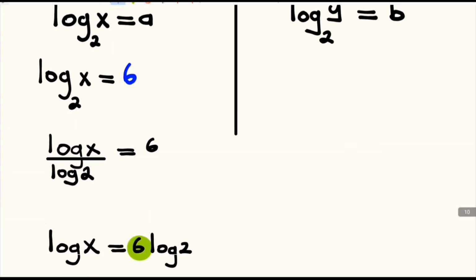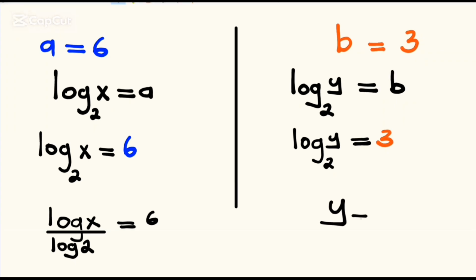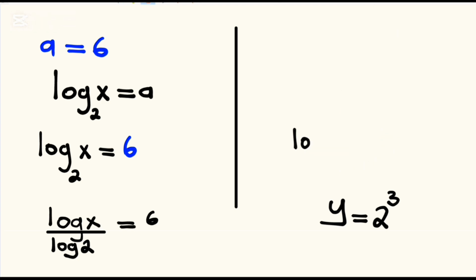In the same way, in the place of the b, we have log base 2 of y is equal to 3, and our y will be equal to 2 raised to the power 3. And we determined that our x is equal to 2 raised to the power 6.